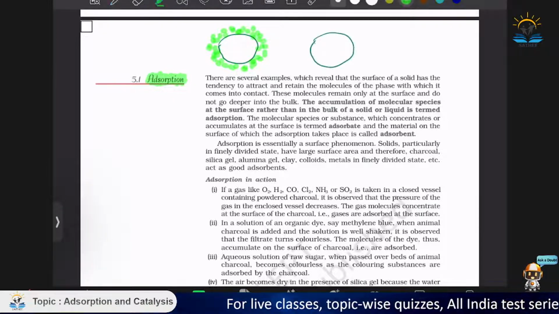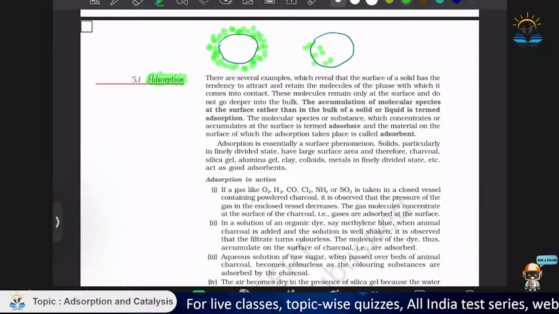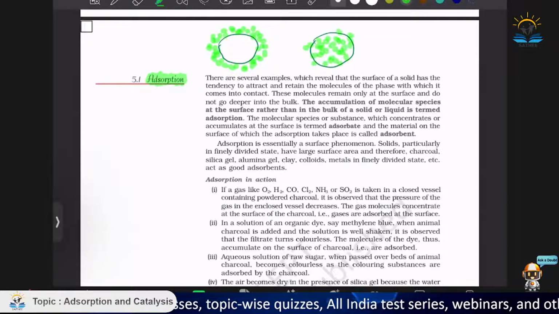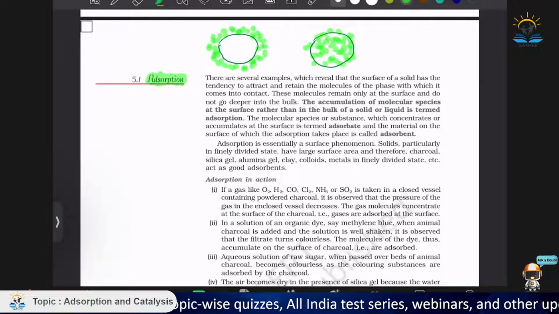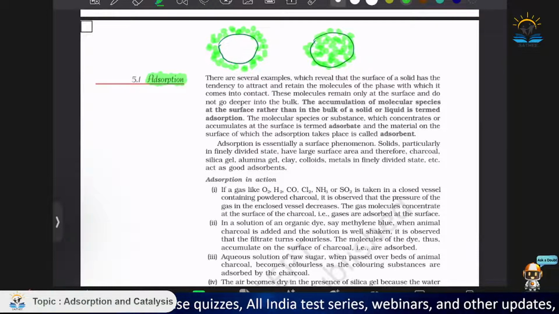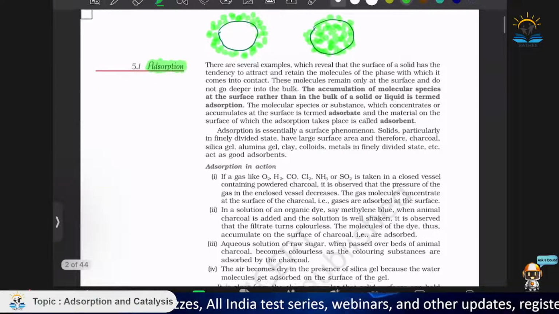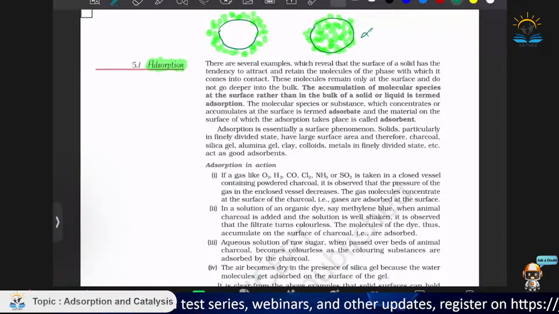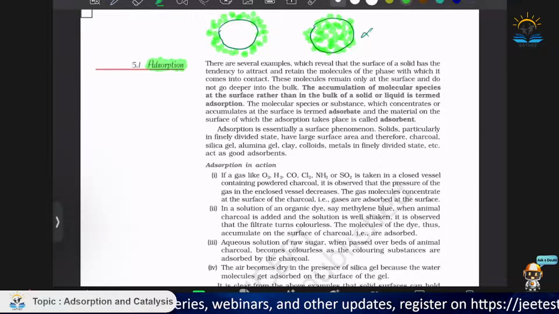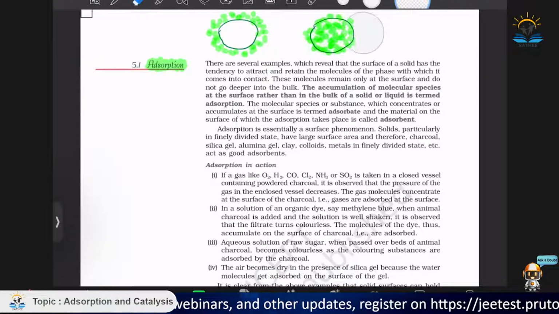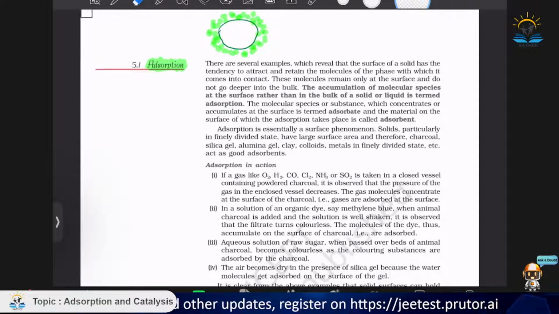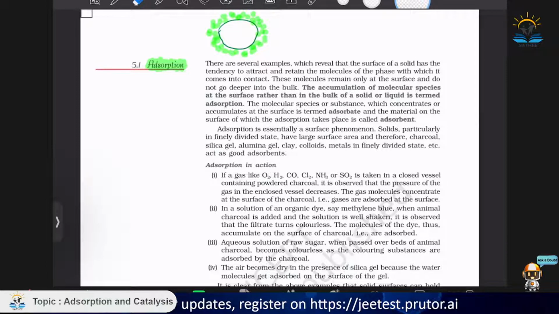But in absorption, apart from the surface, they are also present in the matter. We all know what absorption means, we have been using that term for a long time. Absorption is a very uninteresting process. Adsorption is what we are concerned with here, and let us see how adsorption is interesting and what it tells us.